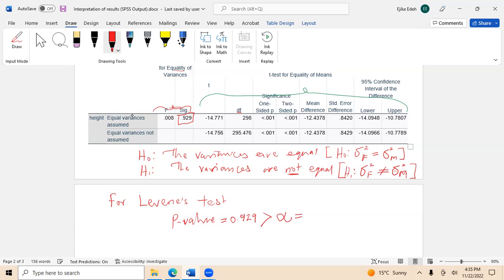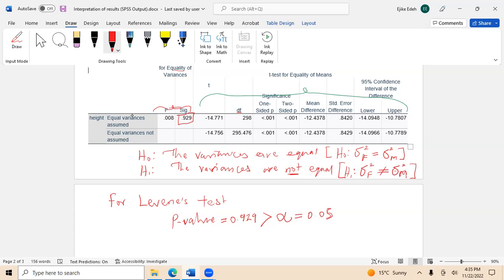Alpha is not given, we didn't talk about alpha when we're conducting this test, but it's taken for granted that at the default setting for SPSS and most software, alpha is 0.05, except you change it otherwise. So we have alpha to be 0.05. So the Levene test p-value is indicating here that the p-value we have is bigger than the alpha value.